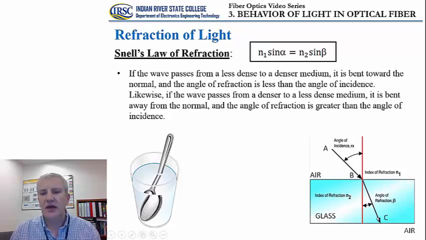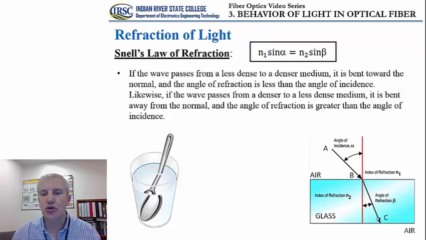There are a few things that are important to mention here. If the light propagates from optically less dense material into optically more dense material, in other words, if the index of refraction of the first material is lower than the index of refraction of the second material, light is going to refract or bend toward the axis.